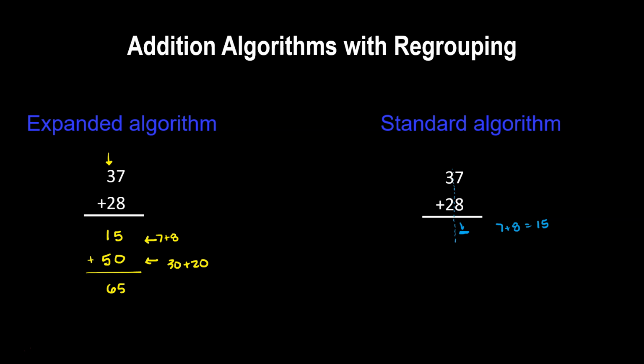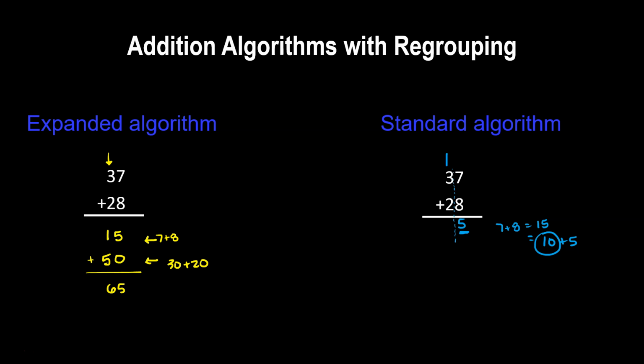That would be incorrect. What I need to do is recognize that 15 is the same thing as 10 plus 5. The 10 I could look at as one group of 10. I carry it over to say I have one more 10 to consider in the tens column, and I only have 5 units left over from 7 plus 8.